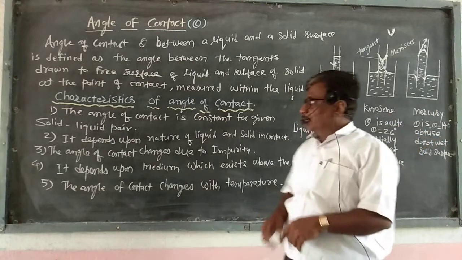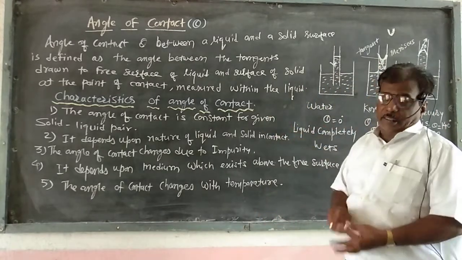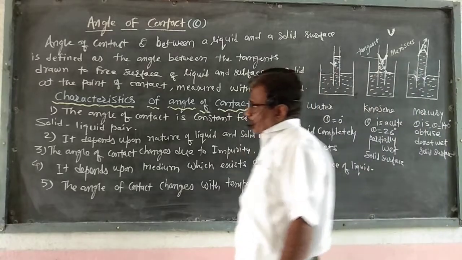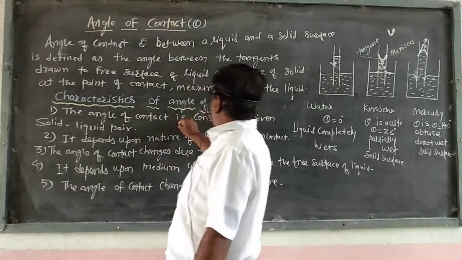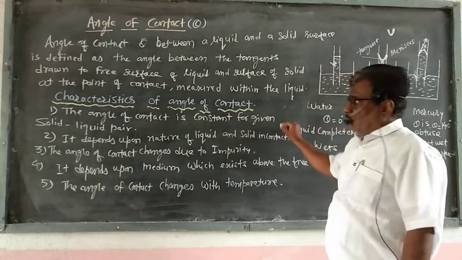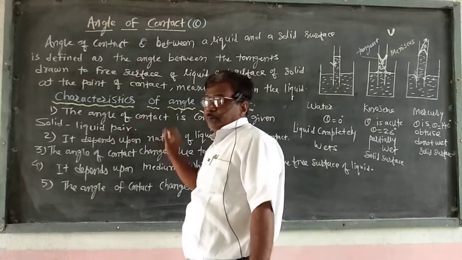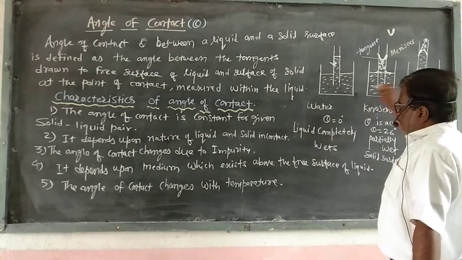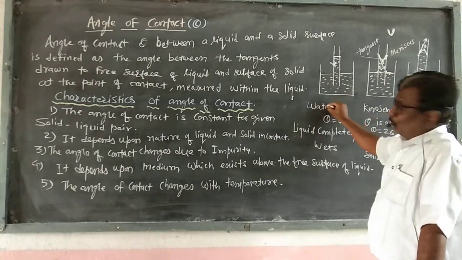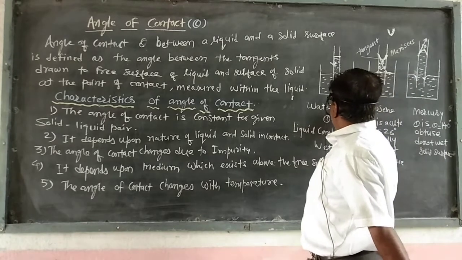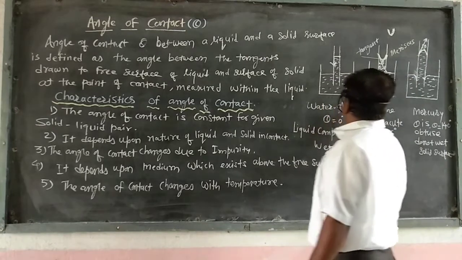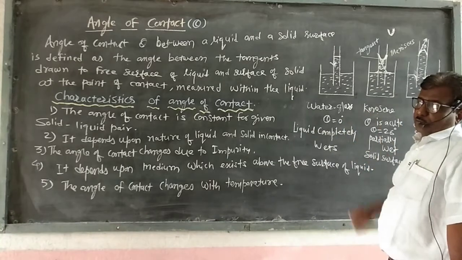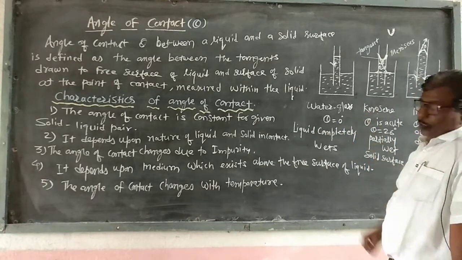Now we see some characteristics of angle of contact. The first characteristic: angle of contact is constant for a given solid-liquid pair. Here in these three figures, for pure water and pure glass, the angle of contact theta is equal to 0 degrees, which means it is constant.